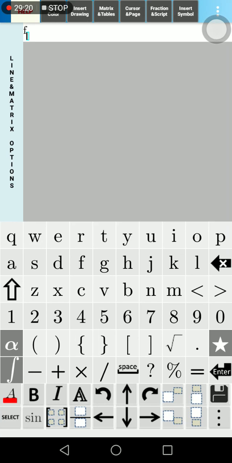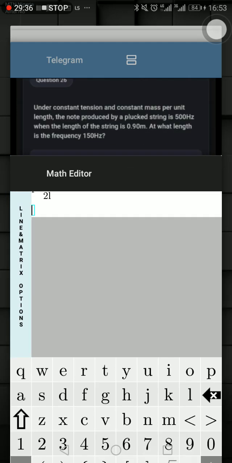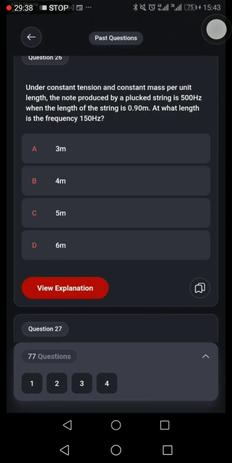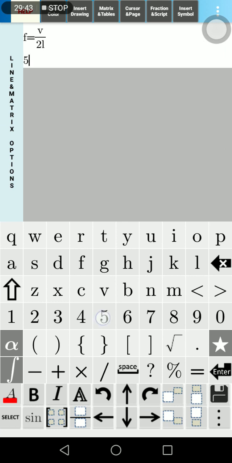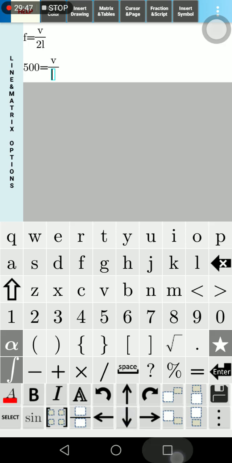Now, F for a string, remember that F is equal to V over 2L. Good. Now, V is constant. What is changing is L and F. In the first case scenario, our F was 500. 500 is equal to V over 2 times 0.90.